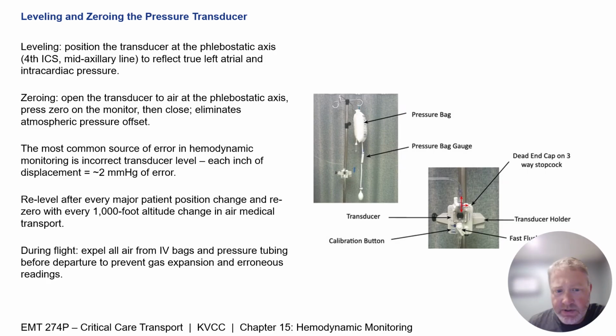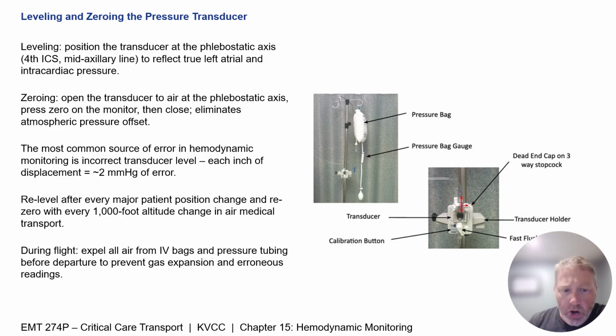The most common source of error in hemodynamic monitoring is an incorrect transducer level. Each inch of displacement creates about 2 millimeters of mercury of an error in the measurement that is read out on the monitor.